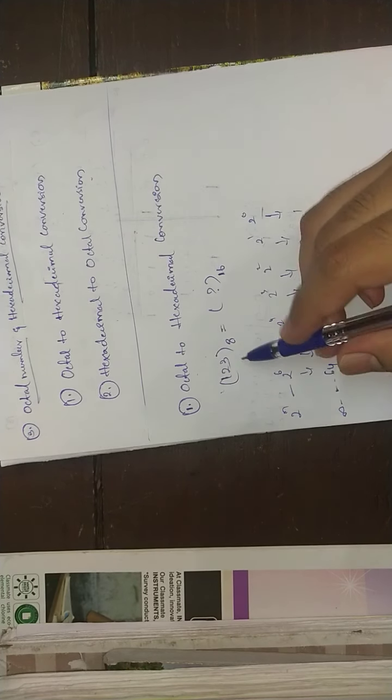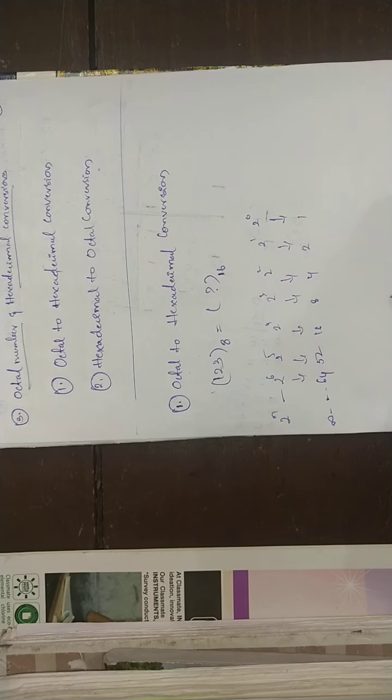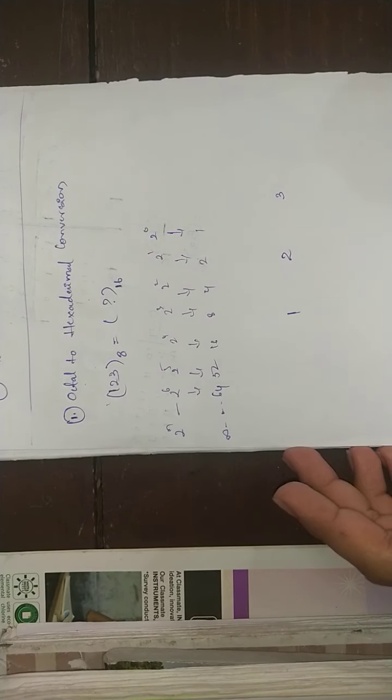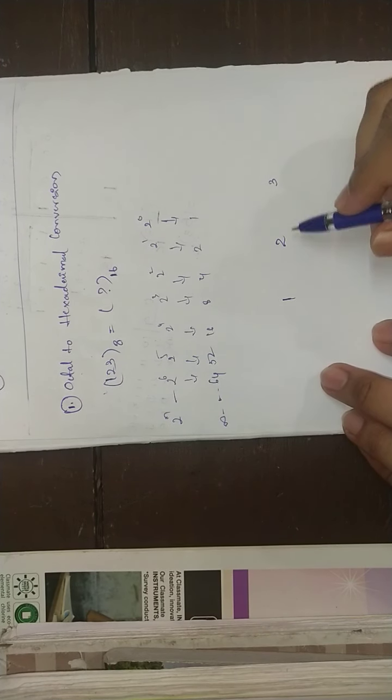Now what you have to do is write the digits of the given number, 1 2 3, separately so as not to get confused. Here you need to know the values of 1, 2, 3.